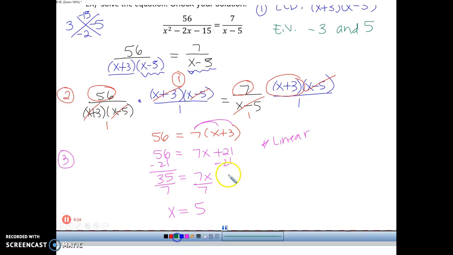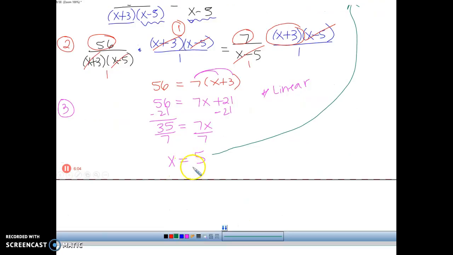And remember, you need to go back and check your excluded values. Notice x equals 5. We're not allowed to have a 5. It's an excluded value, so therefore this is an extraneous solution. Extraneous. Therefore x is not equal to 5. Oh, look at that. I don't have any other options.